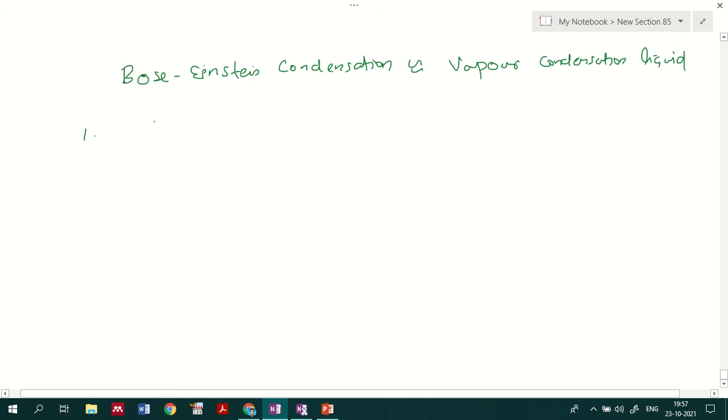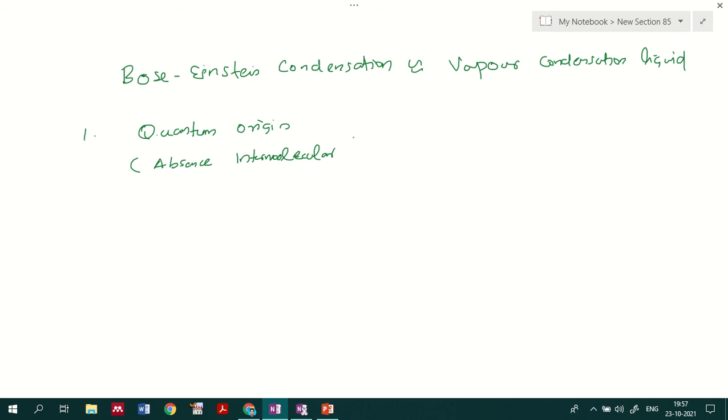So we know that Bose-Einstein condensation is of quantum origin. What does quantum origin mean? This phenomenon, this condensation, can occur even in the absence of intermolecular interaction.